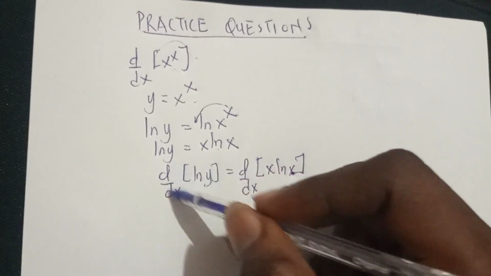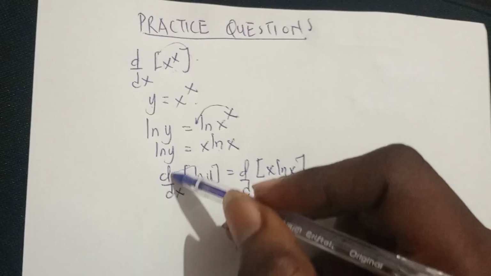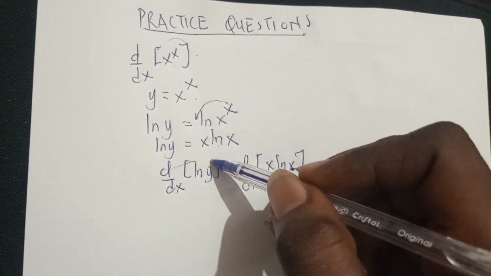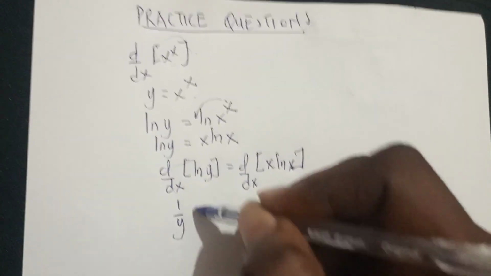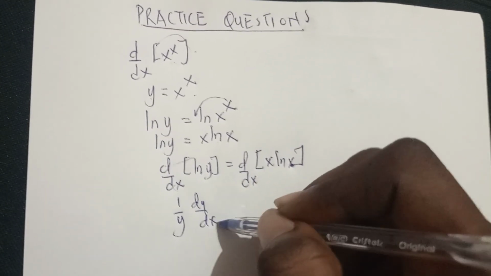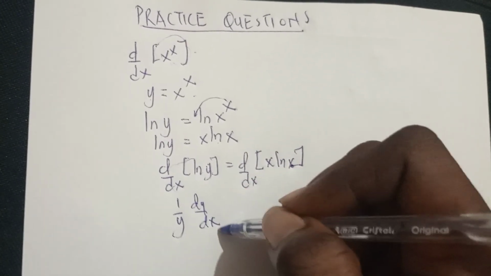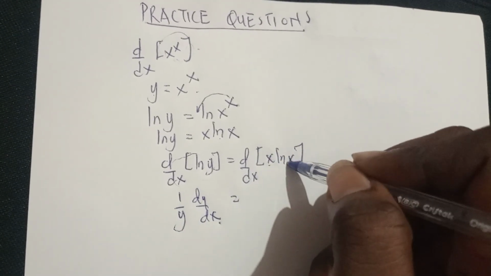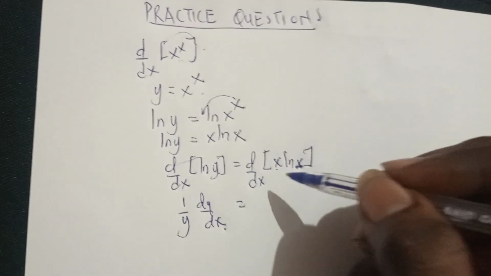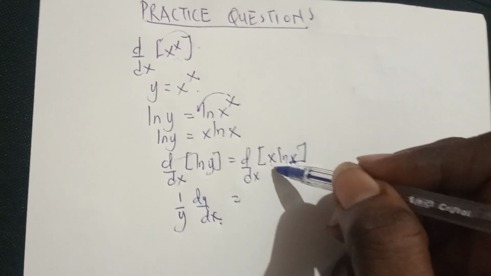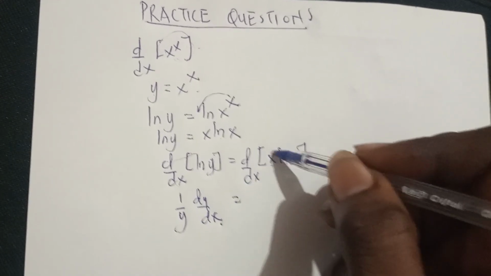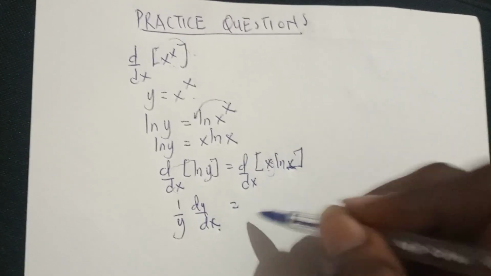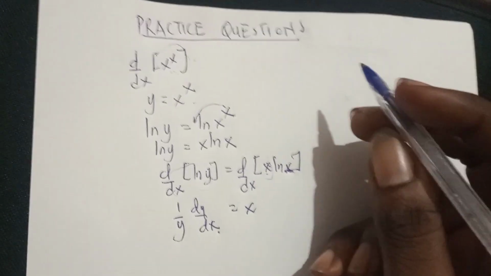If you differentiate natural log of y, what are you going to get? 1 over y dy/dx, because you are differentiating with respect to x. And this is a product, right? So we are first going to use the product rule over here. We maintain this, we differentiate that. So when we maintain our x, we still get an x.